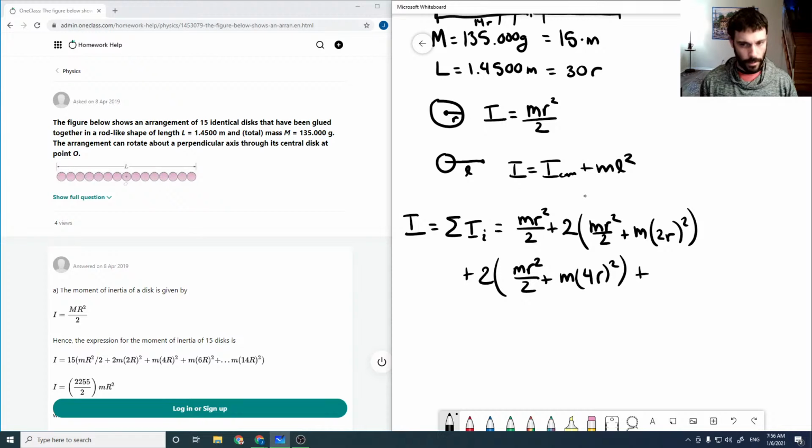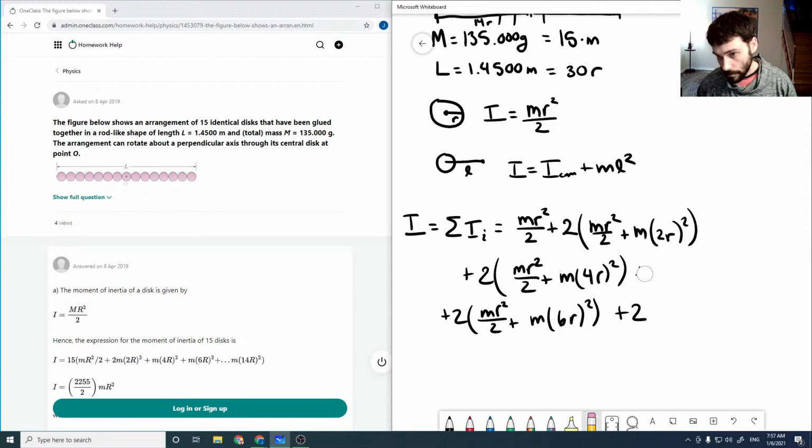And there's 2 of the next nearest neighbors, and 2 of the next nearest neighbors, mr squared over 2 plus m times 8r squared.